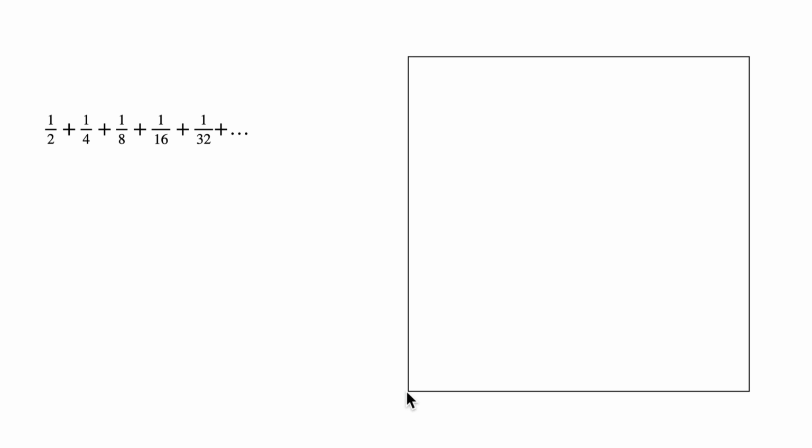And I will show you how to divide this square into rectangles with areas 1/2, 1/4, and so on, which will sum up to the entire area of the square. So first, the area of this rectangle is obviously 1/2, because this side is 1, this side is 1/2. So the area is 1/2.